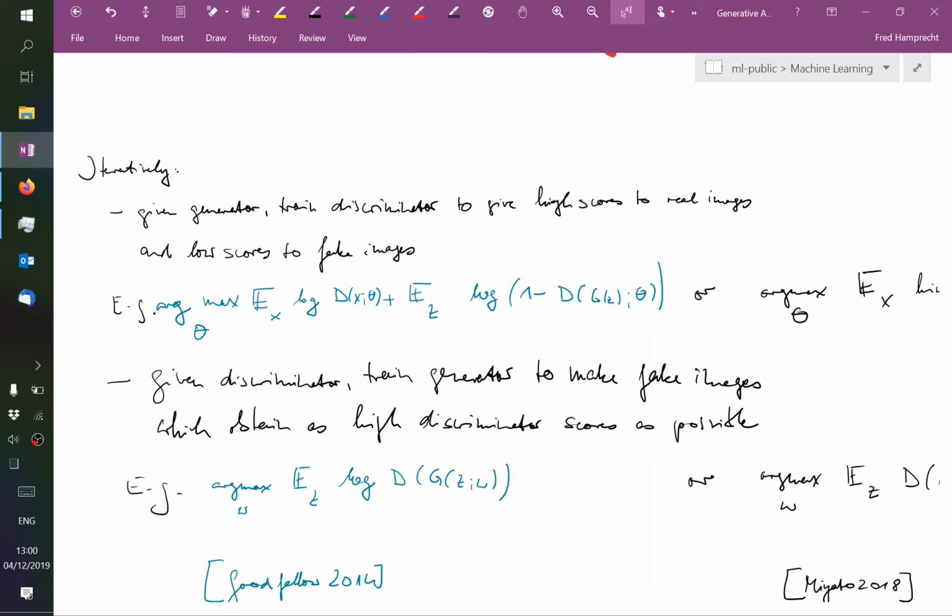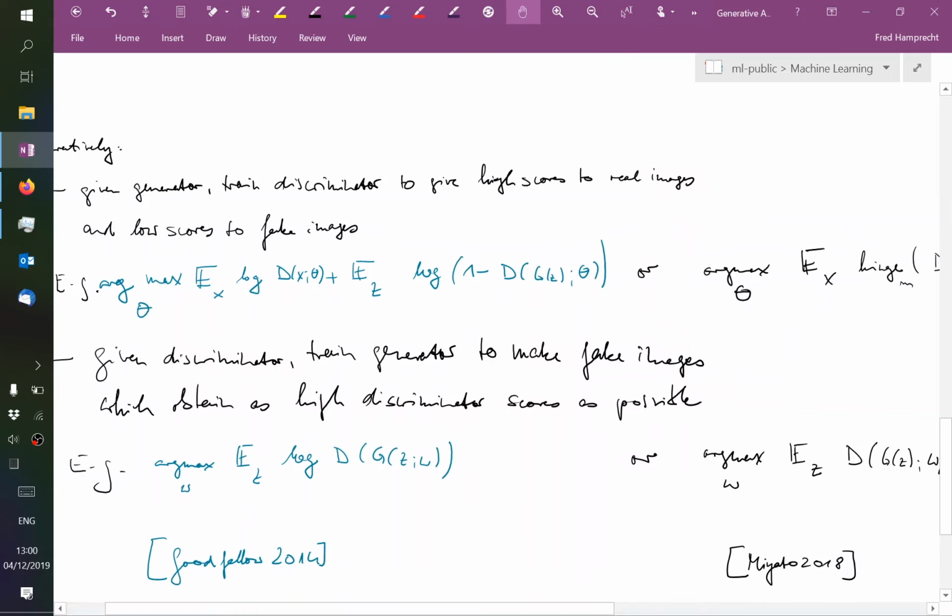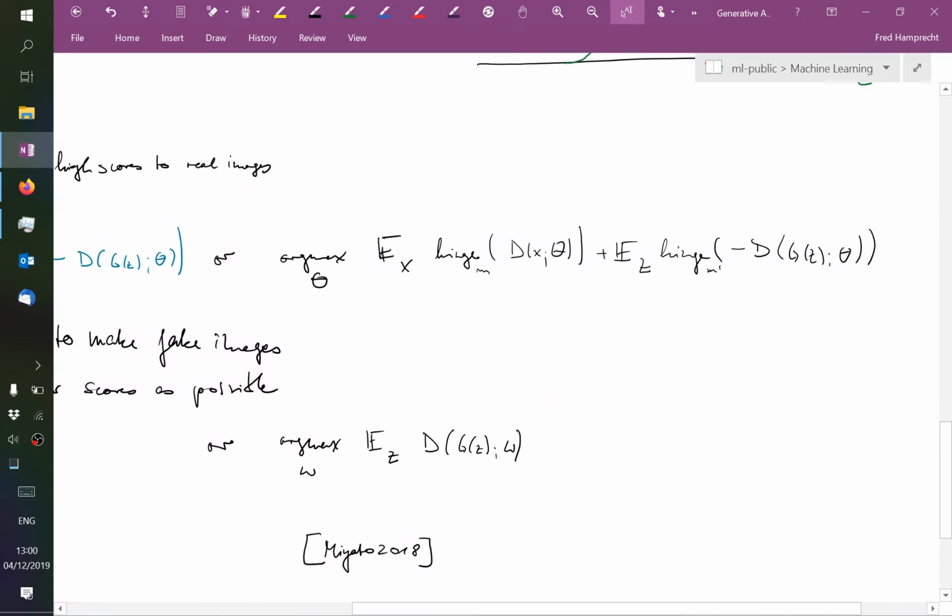And now you can invent some loss function to express that. I've highlighted here in turquoise the loss function that Goodfellow was using, or a simpler loss function that the people from this spectral regularization paper have been using.